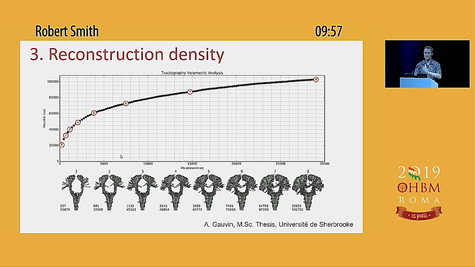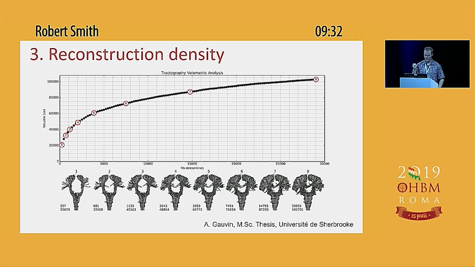As you generate more and more streamlines from left to right here, you gradually get a more complete estimate of the total volume occupied by that pathway. Now, obviously, there's the caveat that you may also start introducing more false positives and therefore you may overestimate your volume. That's a more nuanced discussion about the quantification of pathway volume.